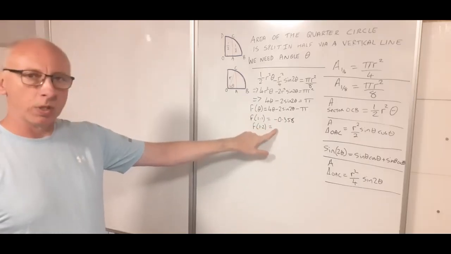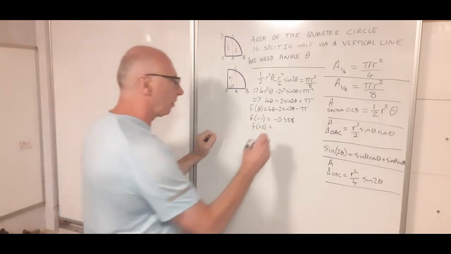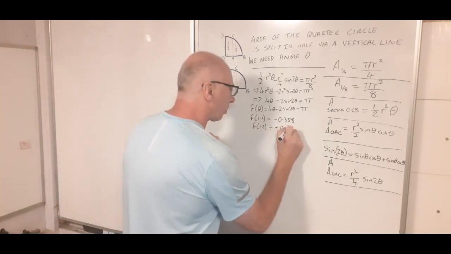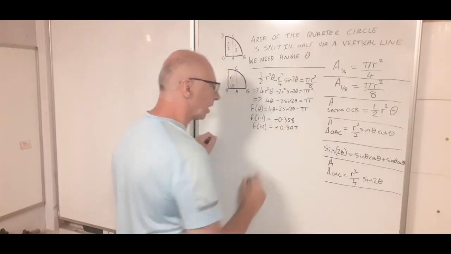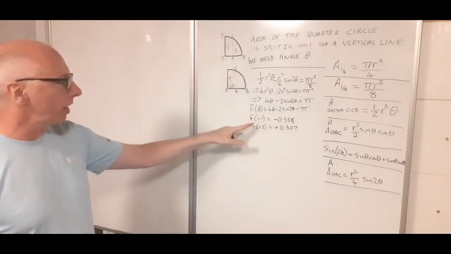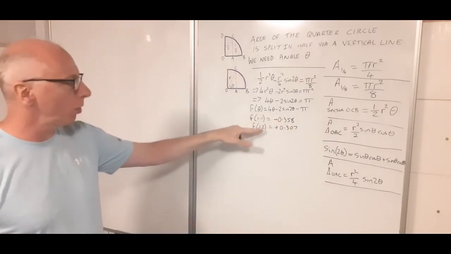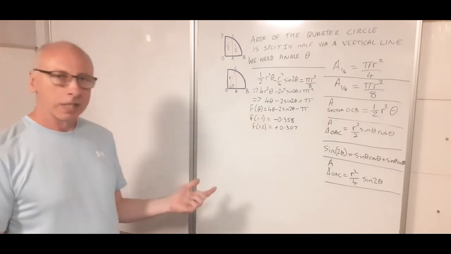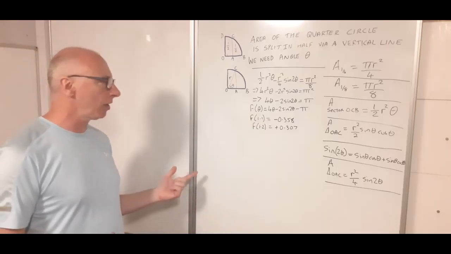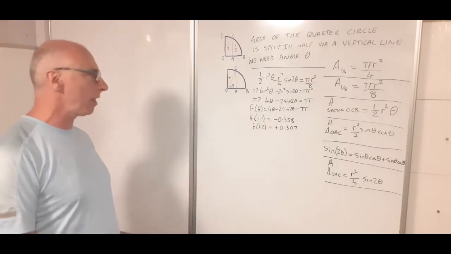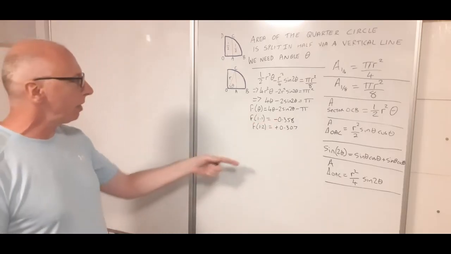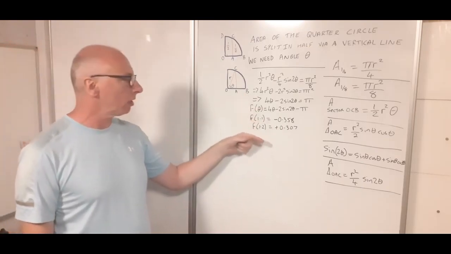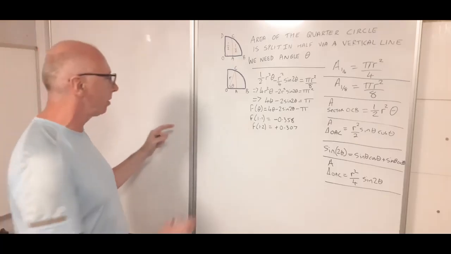Here I plug in 1.2 and I get positive 0.307. As there's a change in sign, I must have a solution somewhere between 1.1 and 1.2. I need to try and get a little bit closer than that, because I've not really any idea where that could be. So the best method to go here using numerical methods is the Newton Raphson method.